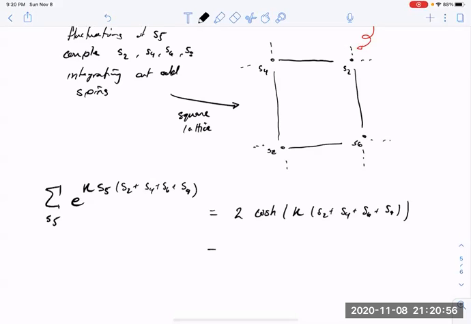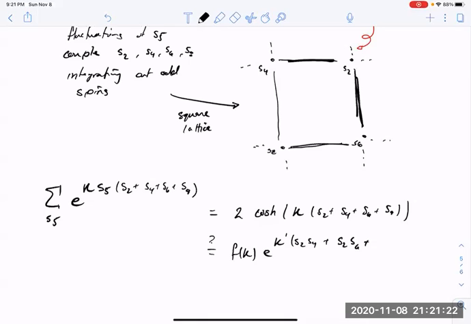And as before, the question is, can we write this as some constant that depends on k and a new Ising model, in which case we have interactions between S2 and S4. We have interactions here between S2 and S6.